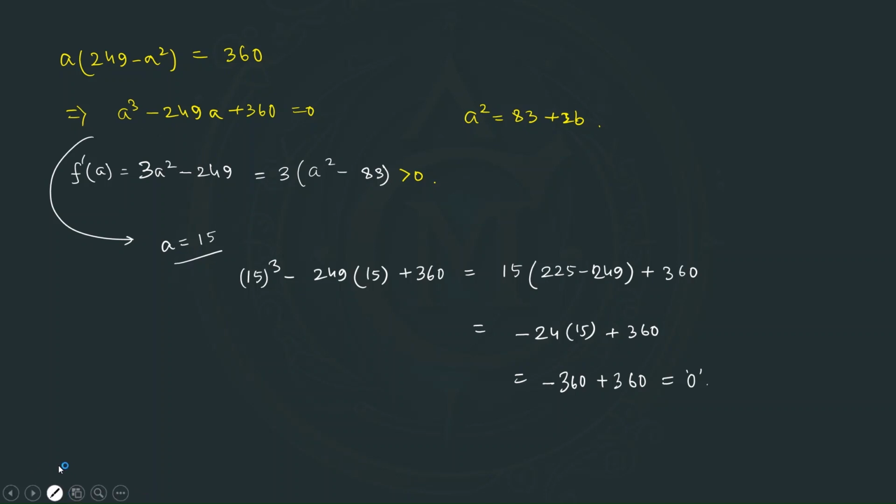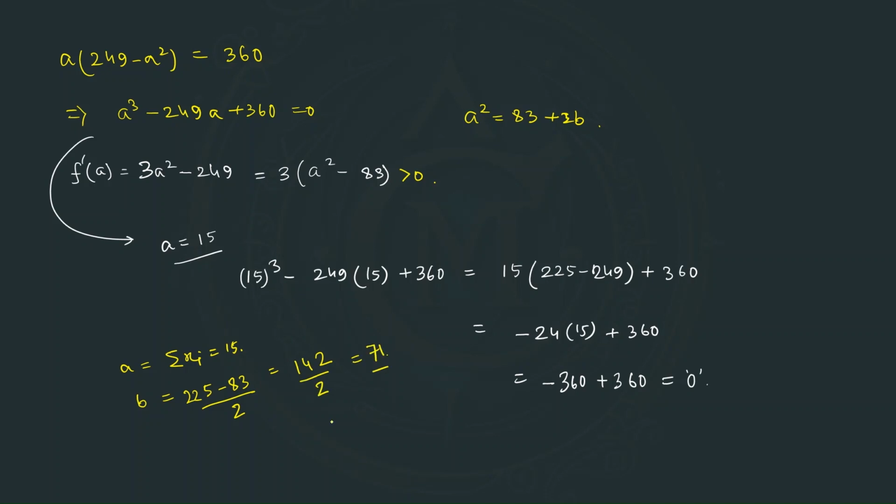That means we get the value of a, which is summation xi equal to 15. Now we can easily find the value of b, which is a square minus 83. So 15 square, which is 225, minus 83, divided by 2. So this will be 2 and then 142 divided by 2.